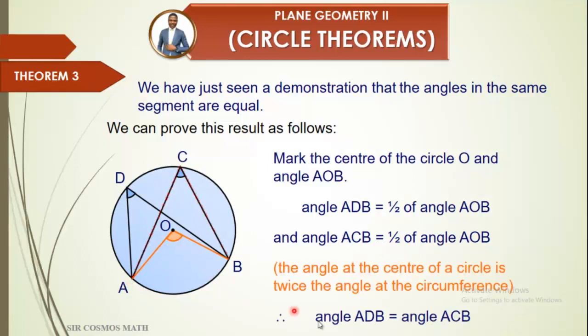So angle ADB is equal to angle ACB, because they are both half of angle AOB. That is why we are saying the angles a chord makes at the circumference are the same.